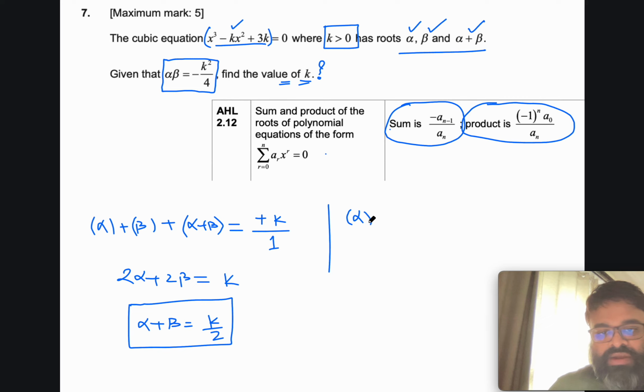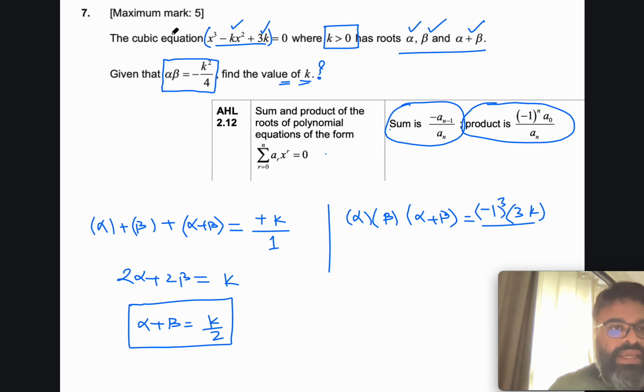So alpha times beta times alpha plus beta is equal to, when I find the product of the 3 roots, negative 1 to the power n. n is the index, so it's 3, and a naught is 3k, divided by a_n, which is 1.